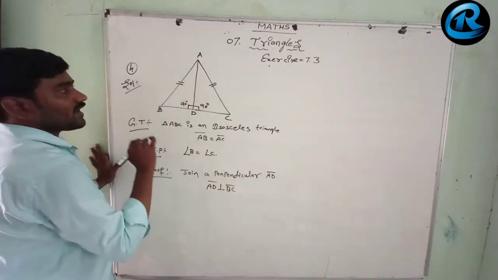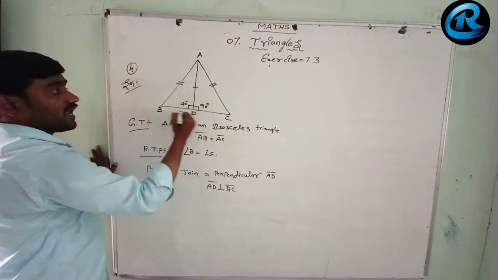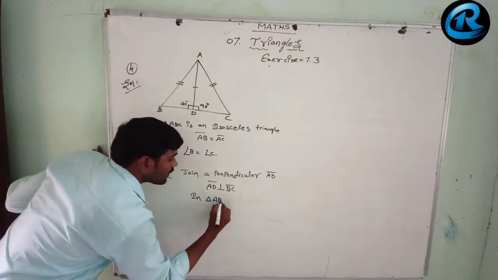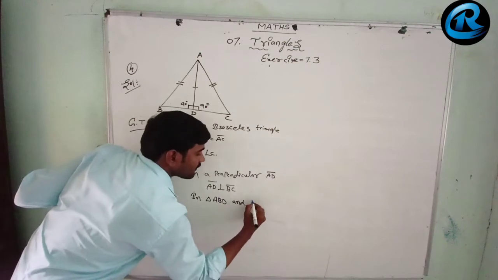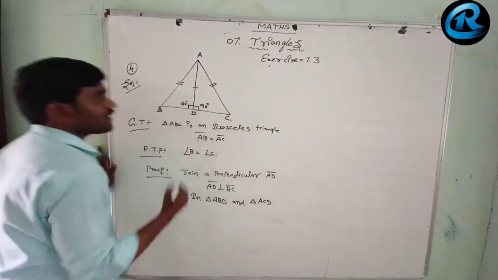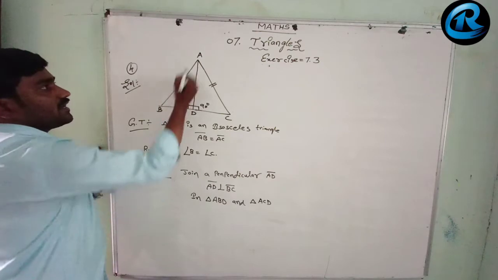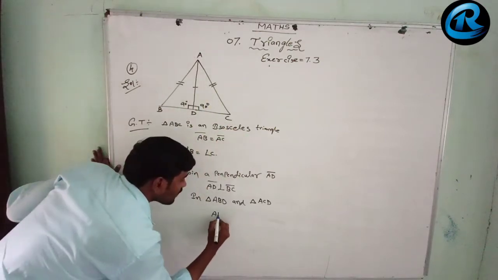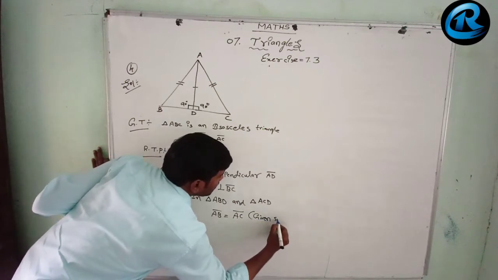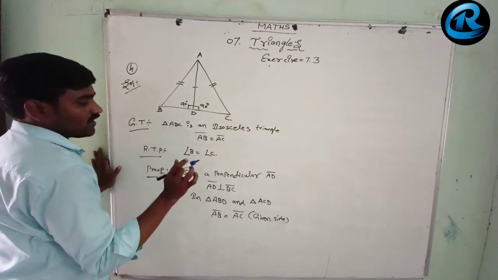Now see, in triangle ABD and triangle ACD, AB equals AC, the given side, and we have to use the RHS rule.